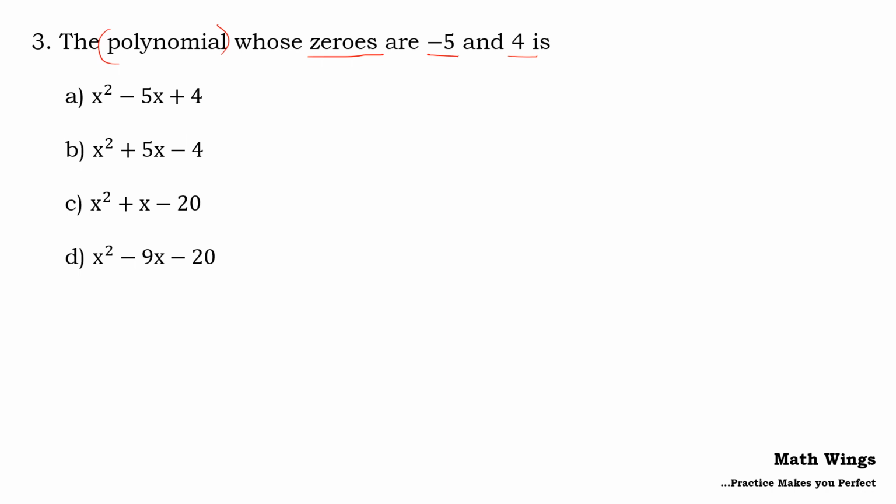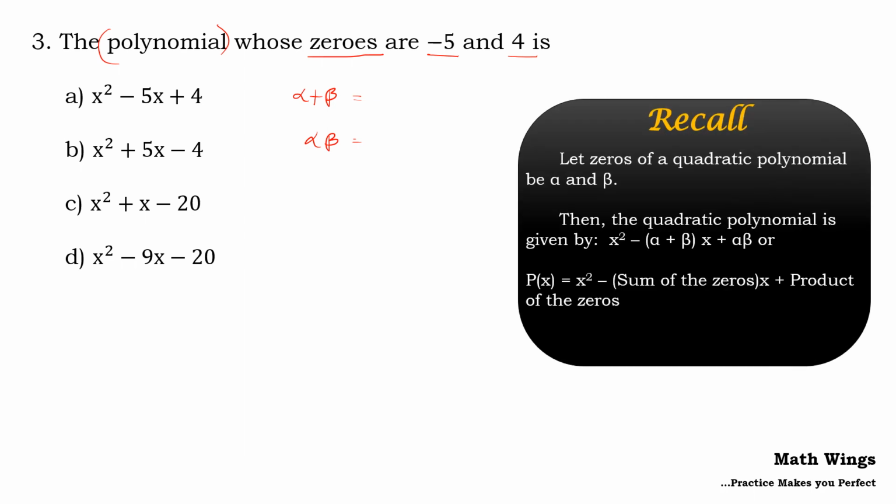To write the polynomial, first we have to write the sum of zeros and the product of zeros, because we have the formula that when alpha and beta, which are zeros of the polynomial, are given, we can write the quadratic polynomial using this formula: x square minus (alpha plus beta) into x plus alpha beta.